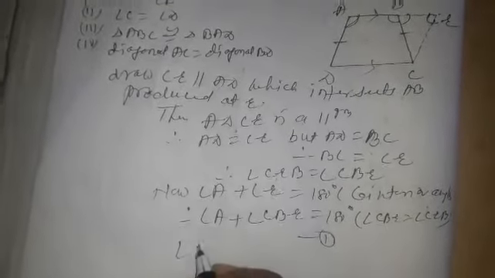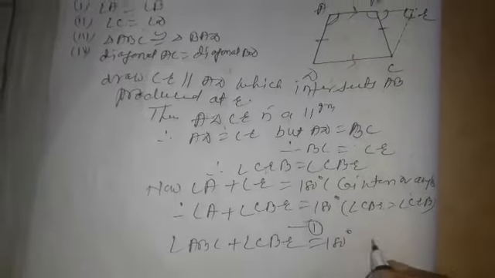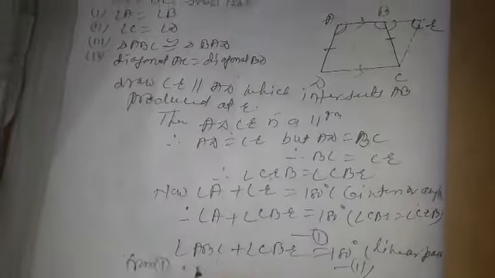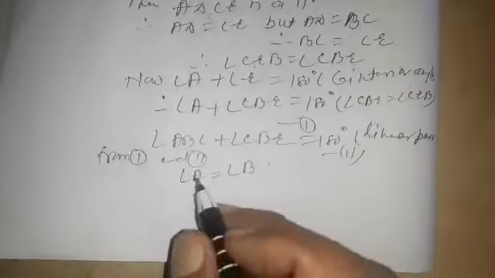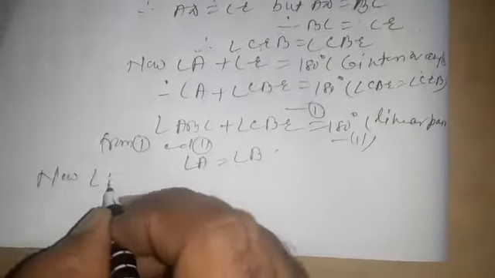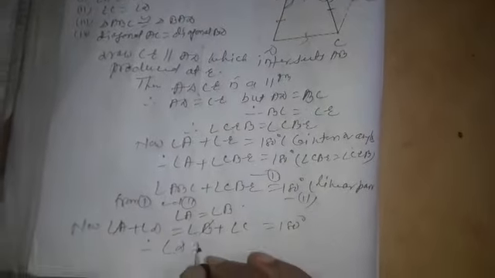Also, angle ABC plus angle CBE is 180 degrees, linear pair. From first and second, angle A is equal to angle ABC or angle B. Now angle A plus angle D is equal to angle B plus angle C, 180 degrees. So A and B are cancelled, therefore angle D is equal to angle C also.